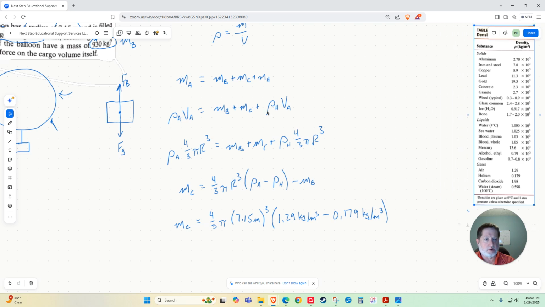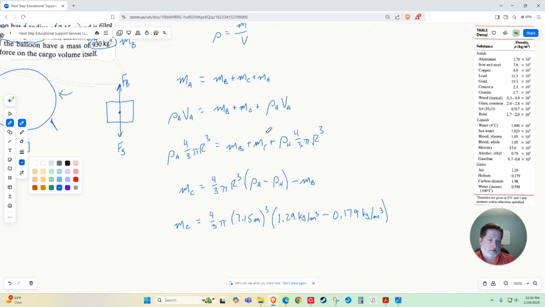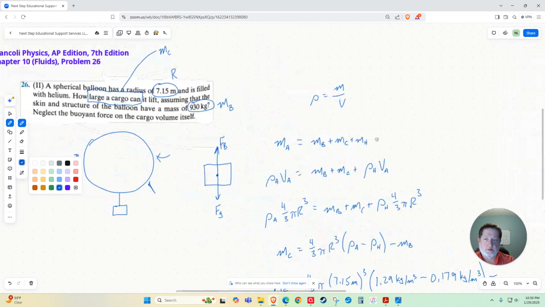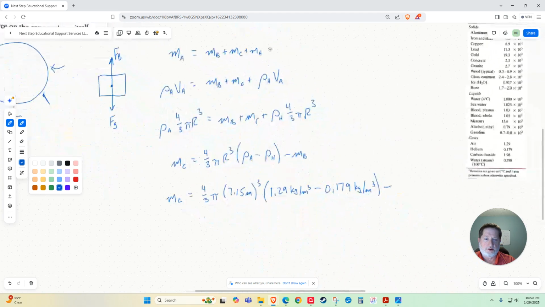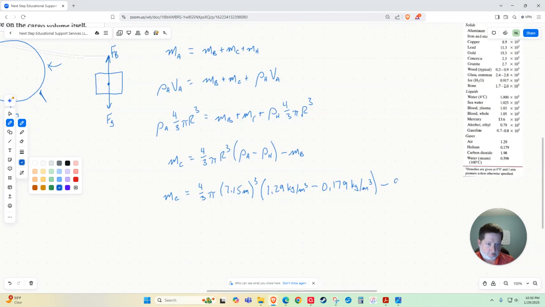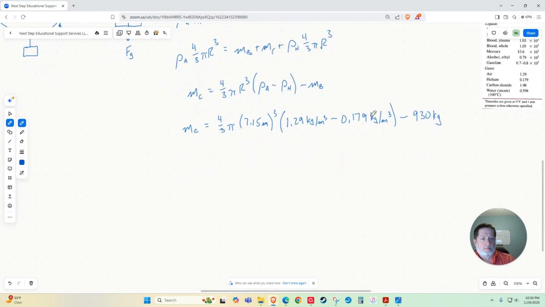Move our densities out of the way here. And now we subtract off the mass of the balloon that we are already required to lift, which is 930 kilograms. As always, before we pick up our calculators, we should know what the calculator is going to tell us.